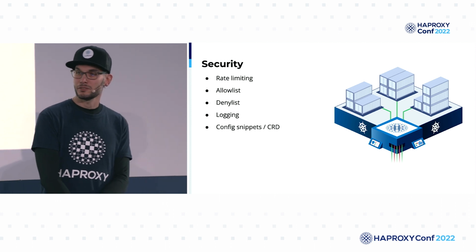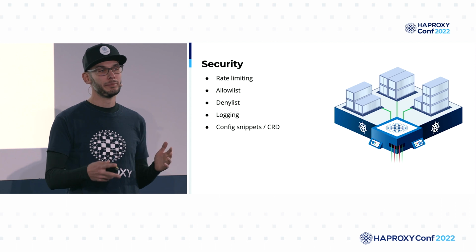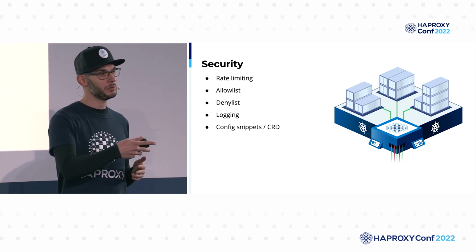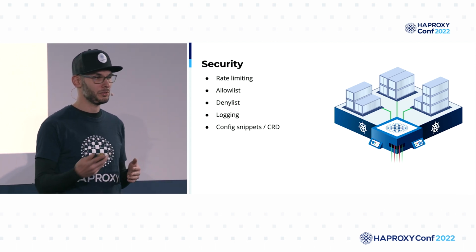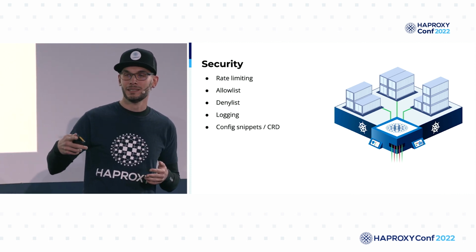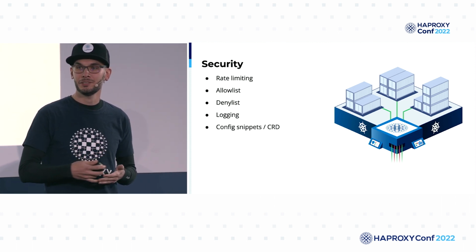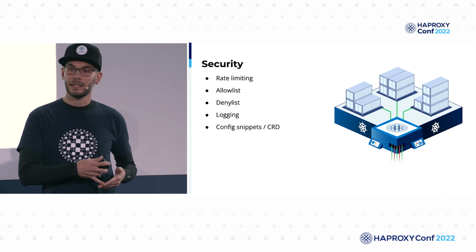And last but not least, we are also supporting the config snippet and the CRDs. So the config snippet is a way to inject your own code inside the HAProxy configuration, so you don't need to SSH, although it's not SSH, but exec in the container and add weird configuration. You can do that natively using the Kubernetes API objects.